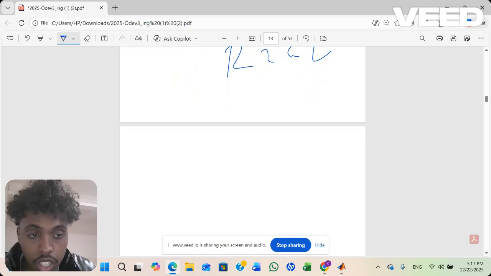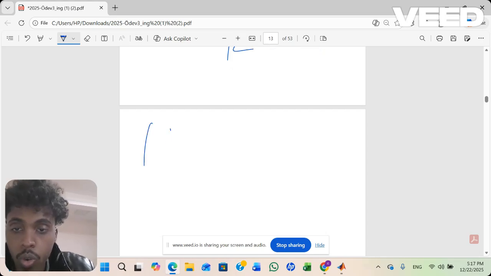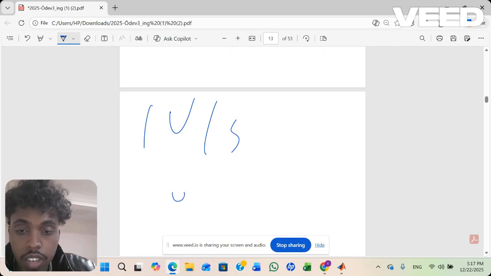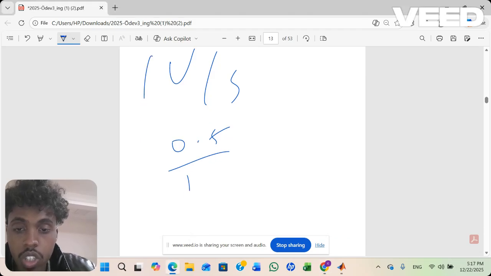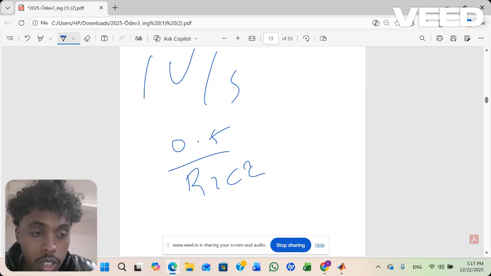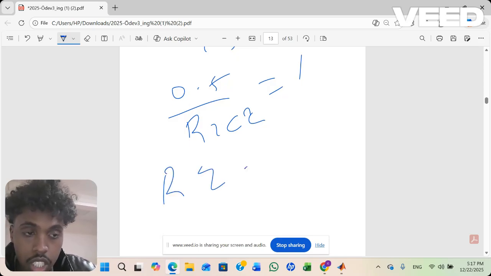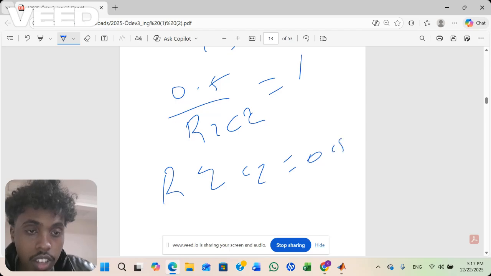So right now, V2s we have to say 0.5 over R2 C2. It is 1 here, and R2 is also R2 and C2 is 0.5 s.